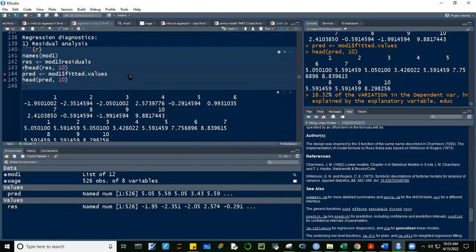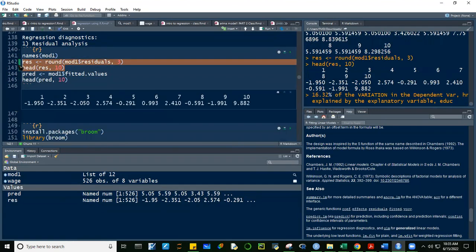Will it work here? Let me see. Round. So 3 decimal places lang. Okay, yan. Tapos ito i-round din natin. Round. 3 decimal places. Okay, so let's run both.